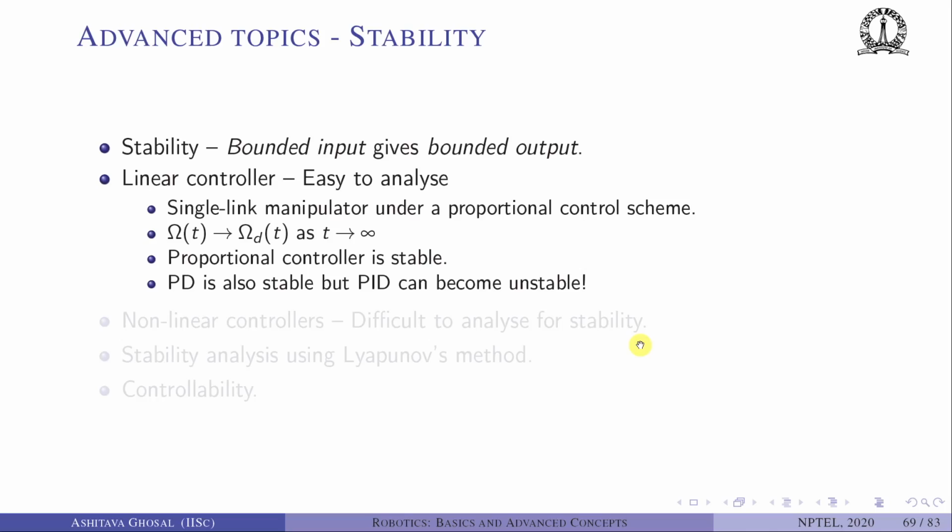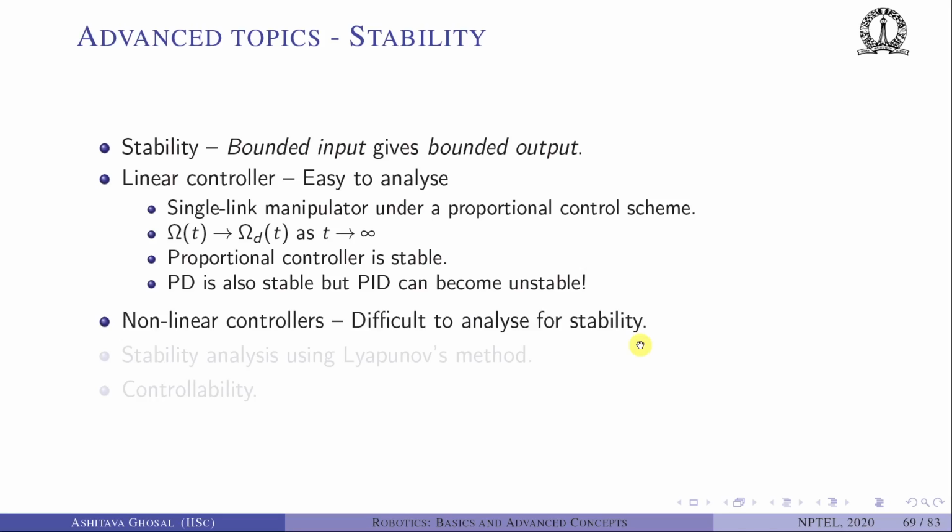Those of you who have done a course in controls can plot the root locus. We haven't done this in this robotics course, but we can plot the root locus of a third order system and show that for certain gains, the root locus goes into the right half plane. So a PID controller can make a stable system unstable if you don't choose the integral gain properly.